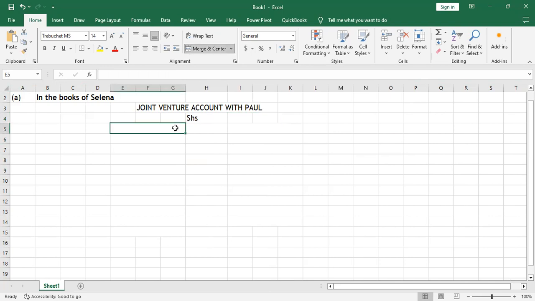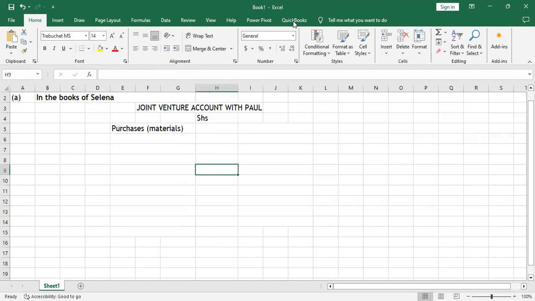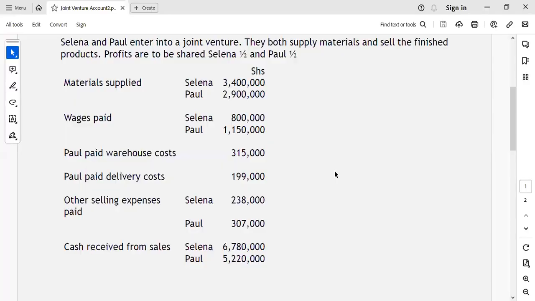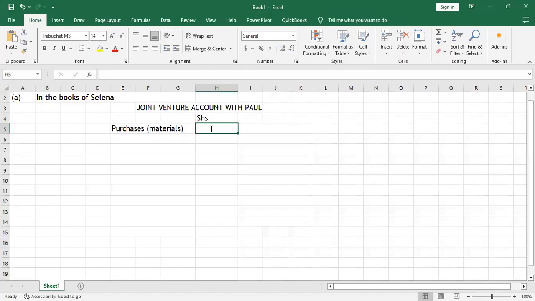The first thing we can look at is the purchases, the materials purchased. We know very well that Selena purchased goods or materials worth how much? 3.4. So we enter this in the books of Selena, 3.4.